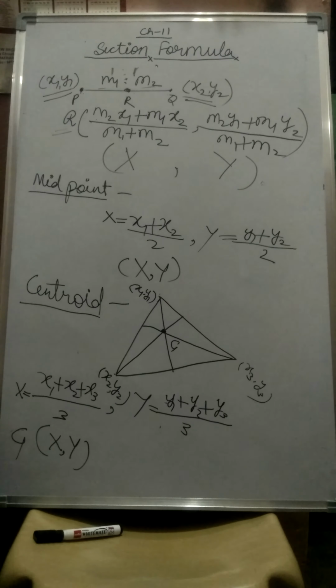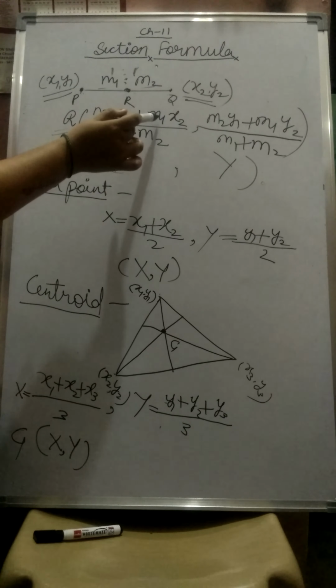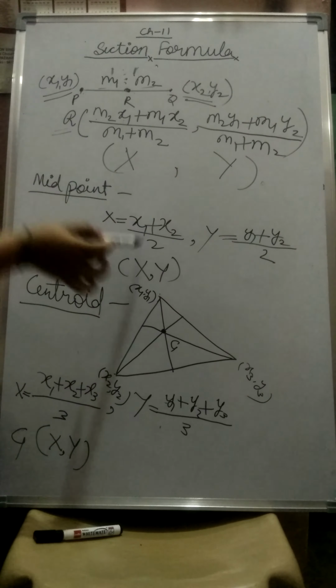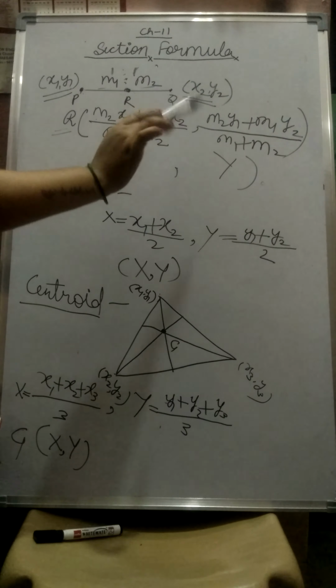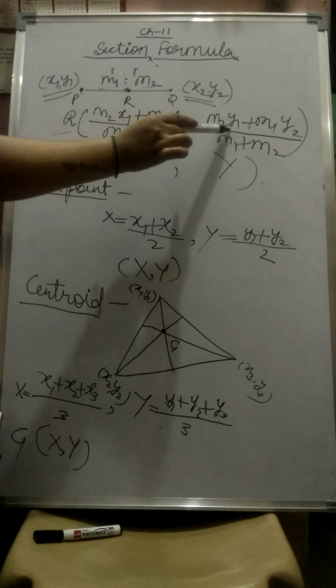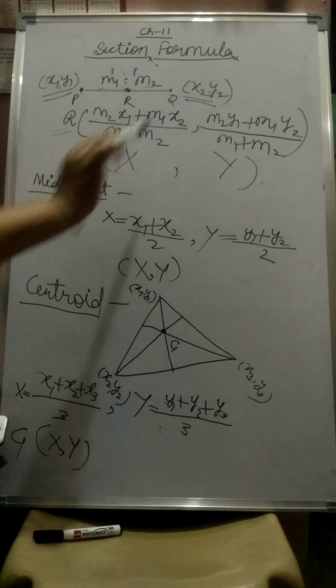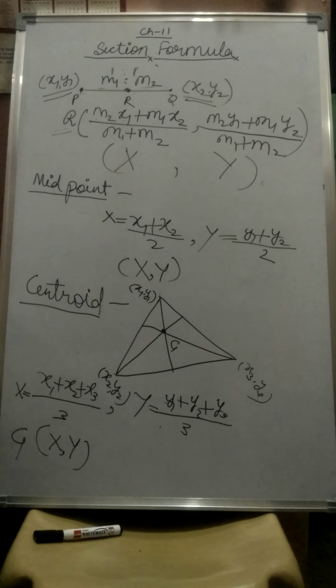So in case of midpoint, in place of m1 and m2 we put 1, and the formula becomes x = (x1 + x2) upon (1 + 1), this is 2. In case of y, 1 into y1 plus 1 into y2 upon 1 plus 1. Then we have y = (y1 + y2) by 2.